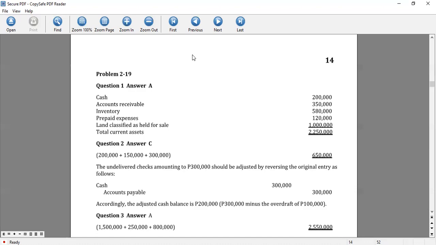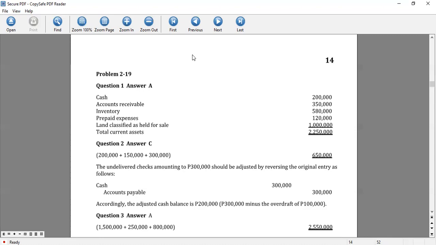So in other words, the checks of 300,000 were mailed on July 9, 2020. It now appears that the checks were not yet paid, but were just written by the company. However, these checks are normally included as part of cash.